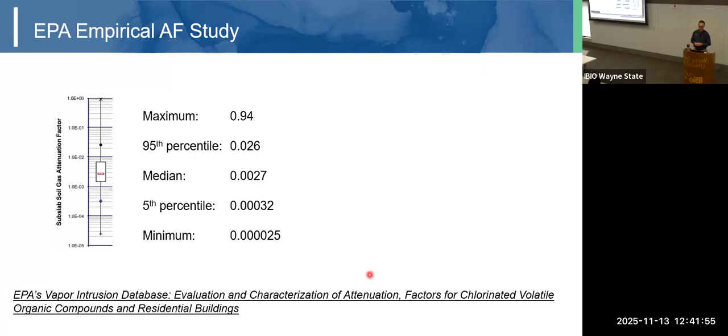The median attenuation factor is about 0.003. So if you have 1 microgram per cubic meter in the subsurface, you would expect 0.003 micrograms per cubic meter in indoor air. But there's a huge range on this, right? That's the median. The 95th percentile is 10 times less attenuation. The 5th percentile is 10 times more attenuation. So that's a pretty decent spread.